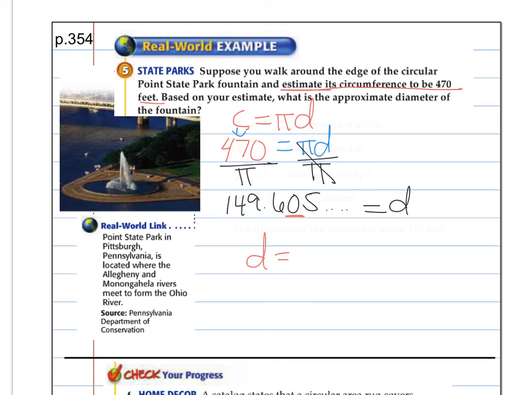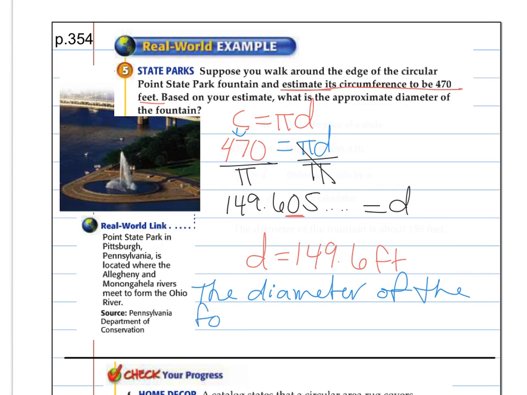So my diameter is approximately 149.6 feet. And since this is a word problem, I'd write down the meaning, and I would write that the diameter of the fountain is about, and this is an estimate, so I could round up to about 150 feet.